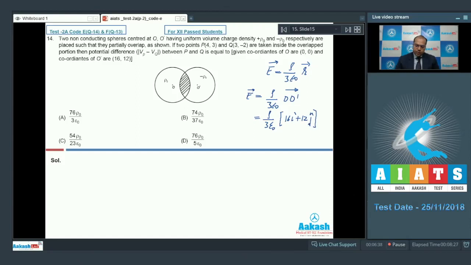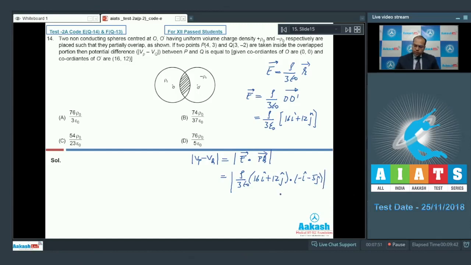Now the potential difference between point P and Q can be written as E dot PQ vector. So if I substitute the data, the value of E vector is rho upon 3 epsilon naught into 16 i cap plus 12 j cap dot. If I write the PQ vector, then it comes out to be minus i cap minus 5 j cap.